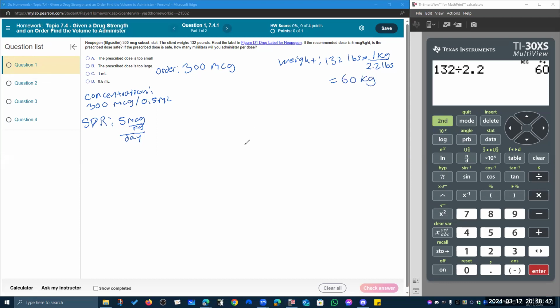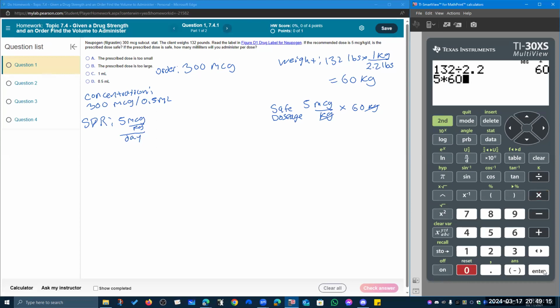And then we want 5 micrograms per kilogram times 60 kilograms. 5 times 60 is 300.